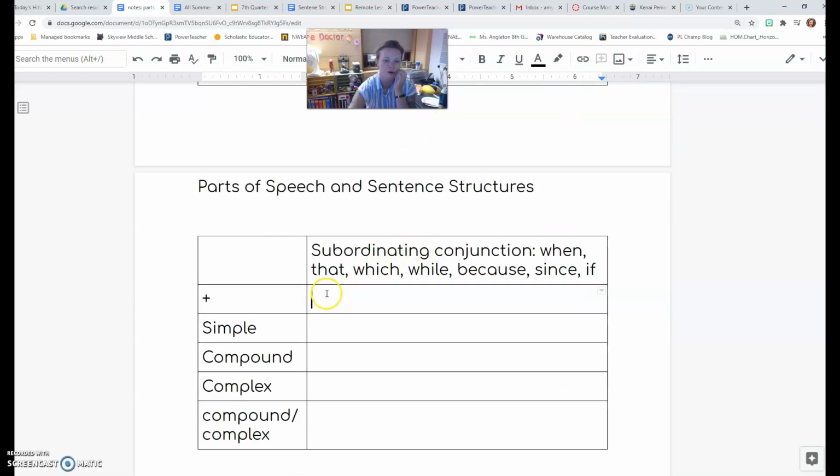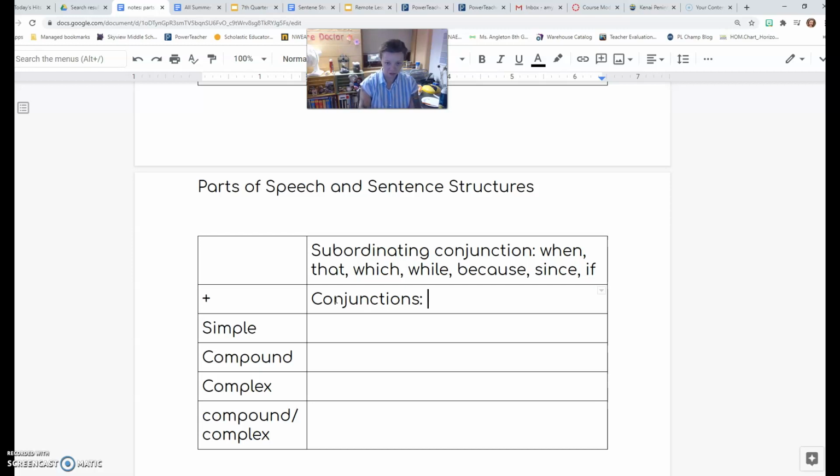So let's just go to the last thing that I wanted to show you, which is a plus sign. And a plus sign represents a conjunction, but not a subordinating conjunction, a normal conjunction. And the conjunctions that exist are called fanboys. It's a representation of the words that are conjunctions.